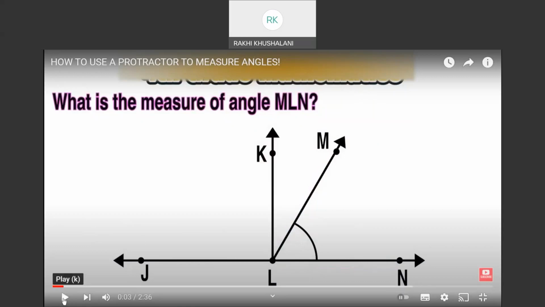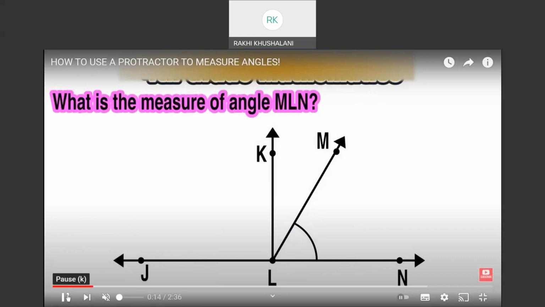We are going to pick up the protractor, and who is the vertex here?